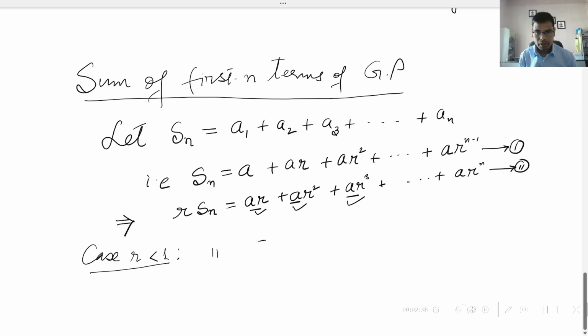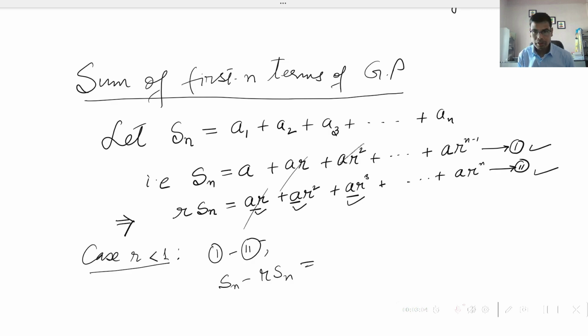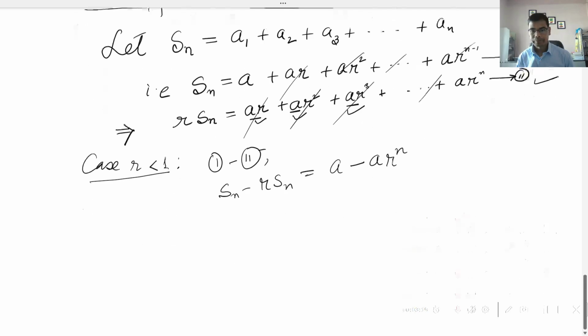Then we subtract equation 1 by 2. On the left hand side we have Sn minus r Sn. When 1 is subtracted by 2, all the terms get removed except the first term and the last term, that is a minus a r to the power n.